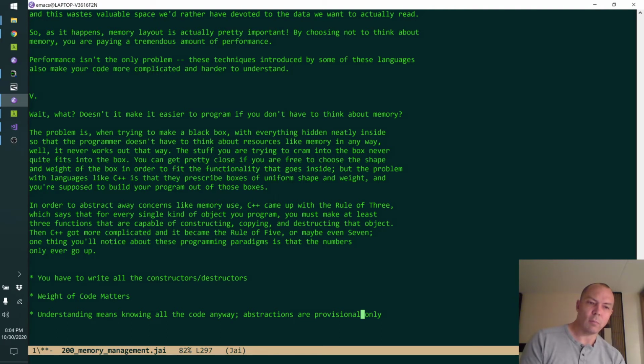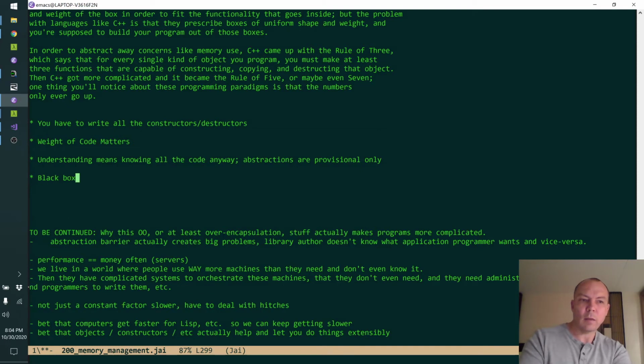What else? Are there any other basic points that I want to say here about complexity? The fact that black boxes mean, like, a thing that happens when parts of a program don't know about each other is redundant code has to happen, right?